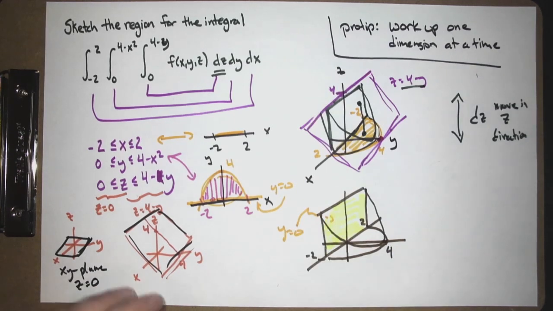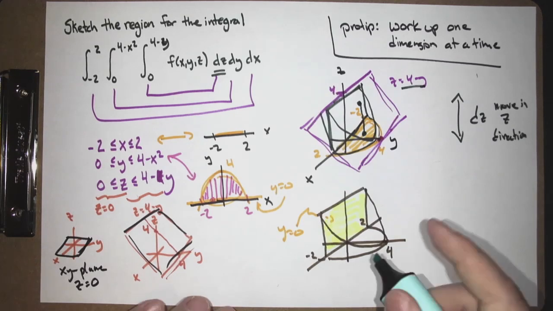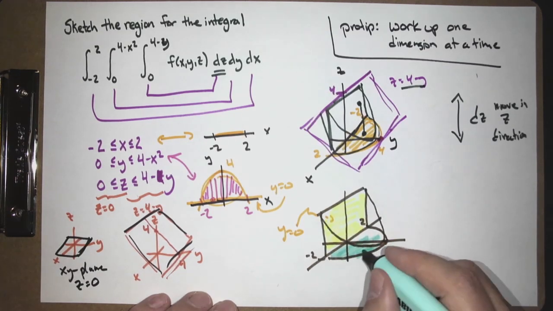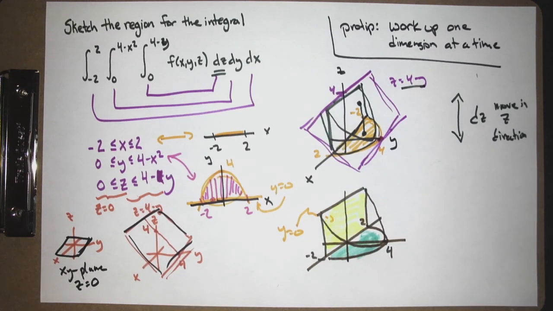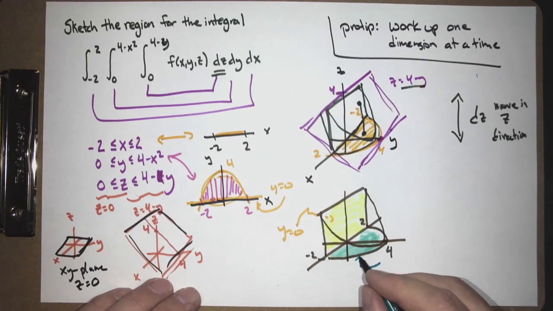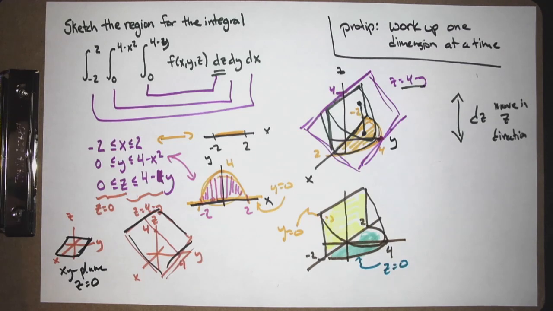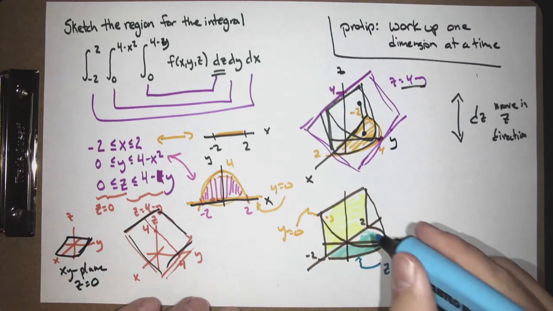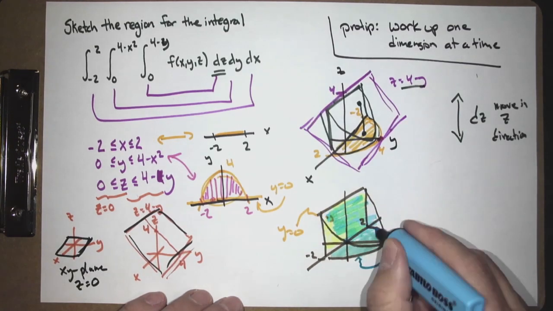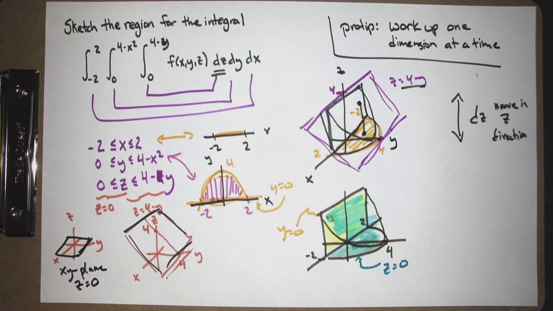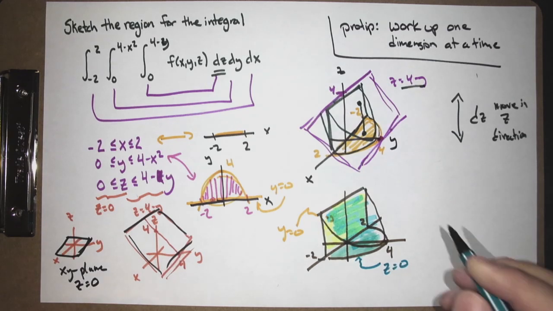We also have the floor. What's that surface? Z equals 0. Then we have the slanted face, which blends in too well with the bottom.